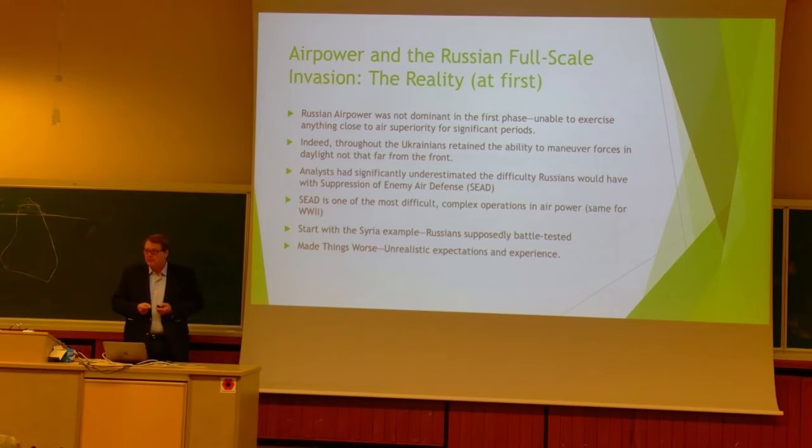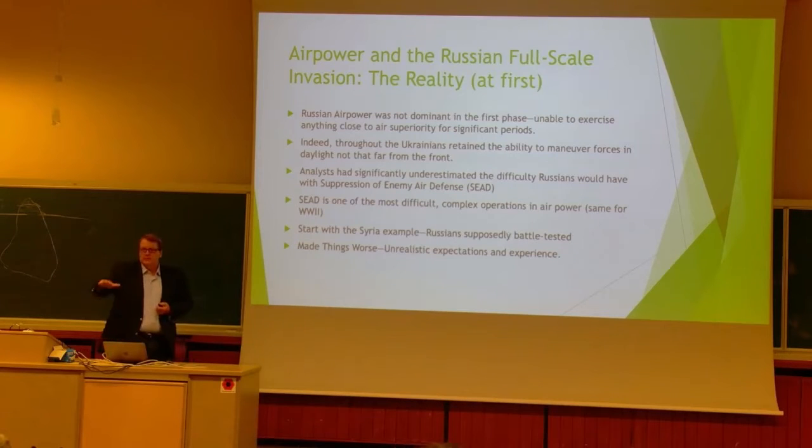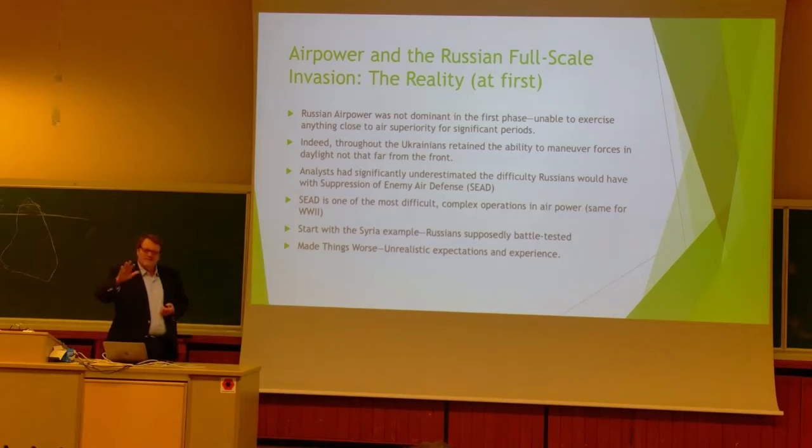German fighters can come up and massacre them. By 1944, you have the Mustang, which can now suppress German fighters. You can go ahead and suppress enemy air defenses, allowing the bombers to get farther into Germany. So SEAD arguably determines the success of the bombing missions in Europe. But that had sort of been forgotten by that time.